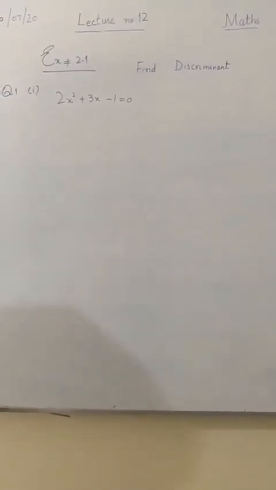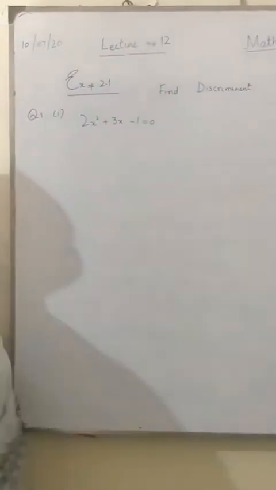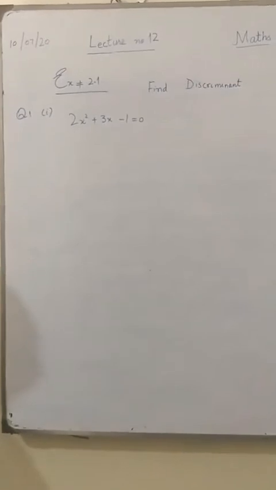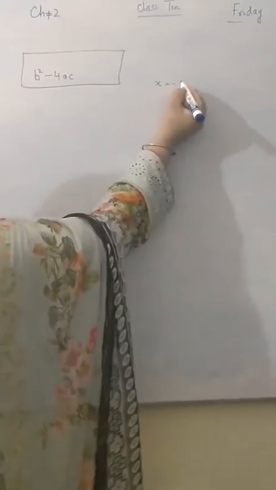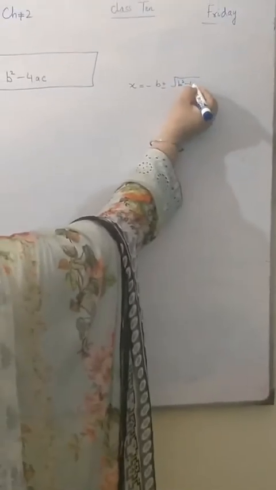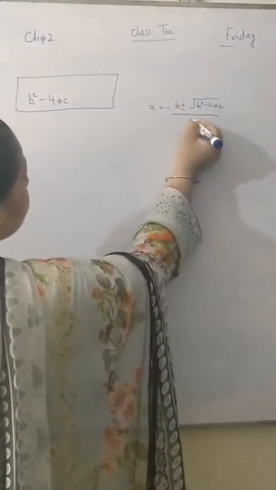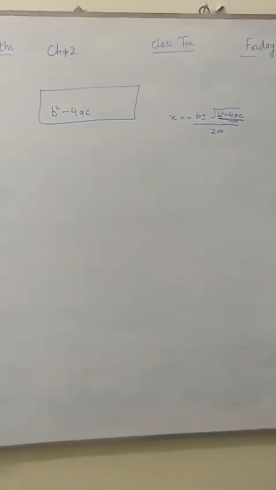The first thing in exercise number 2.1 is to find the discriminant. What is the discriminant? We have done the quadratic formula, that is x is equal to minus b plus minus under root b square minus 4ac over 2a. This value which is placed under the radical sign, b square minus 4ac, is called the discriminant.